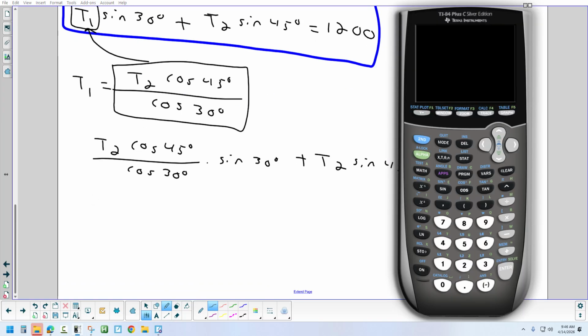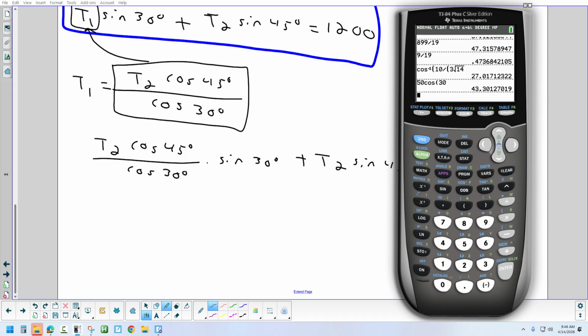So I'm going to multiply cosine 45 times sine 30 and then divide by cosine 30. We'll round to, well, let's see what our answer looks like. Cosine 45, multiply by sine 30, and then I'll divide by cosine 30.